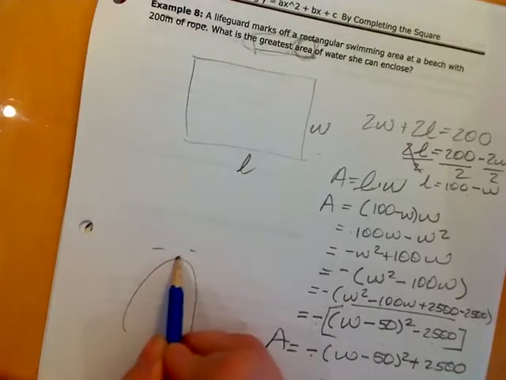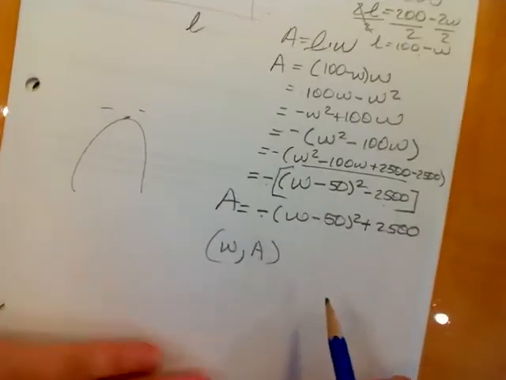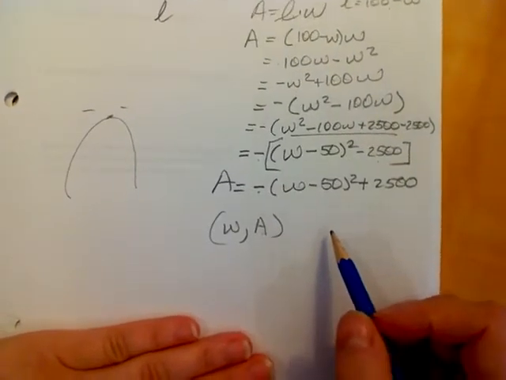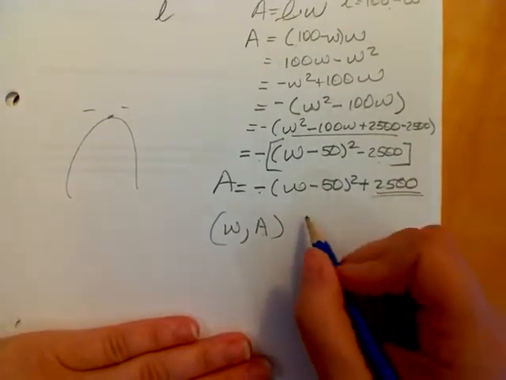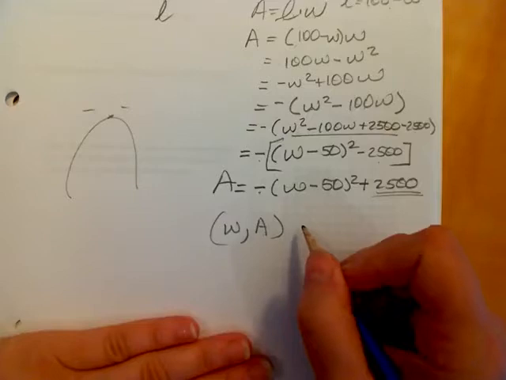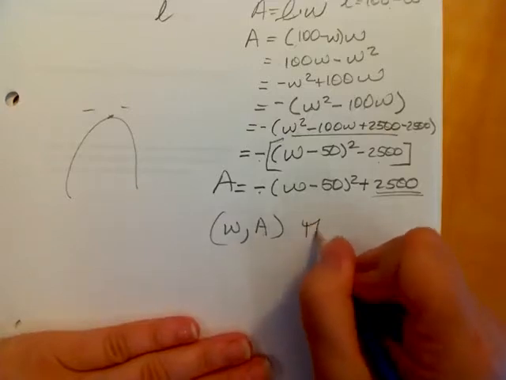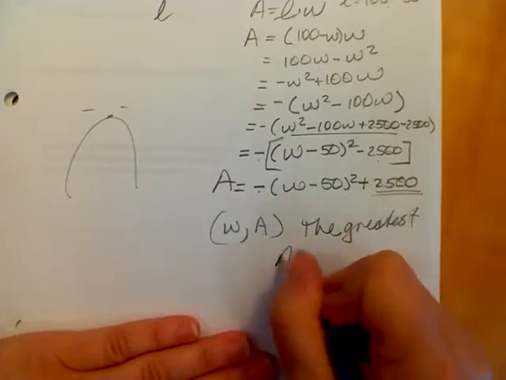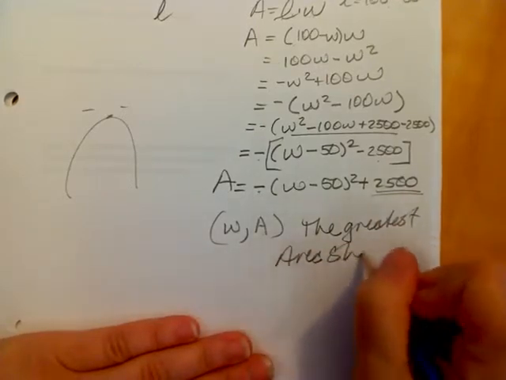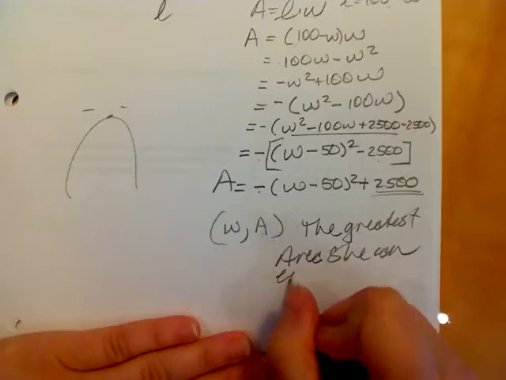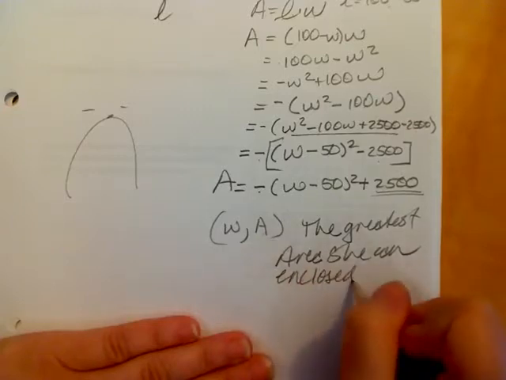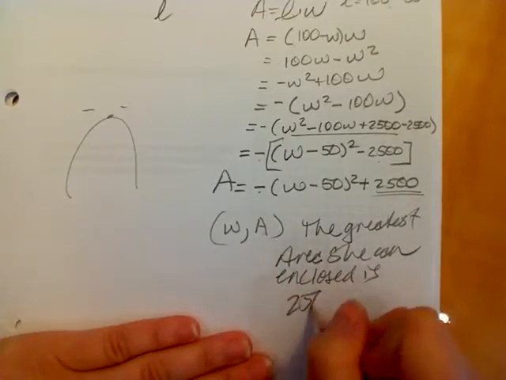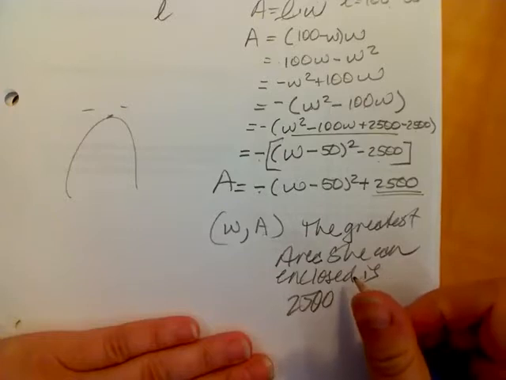This is a high point, not a low point. And here, this will tell me my greatest area. So the greatest area she can enclose is 2,500.